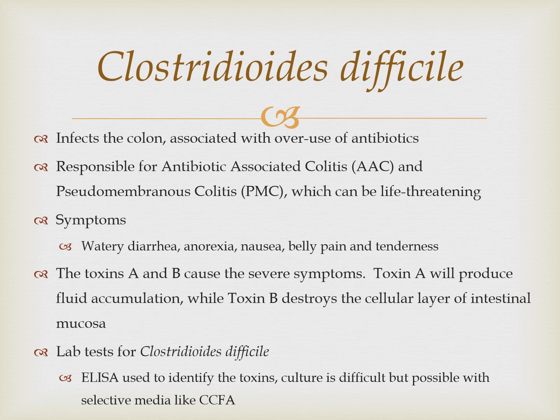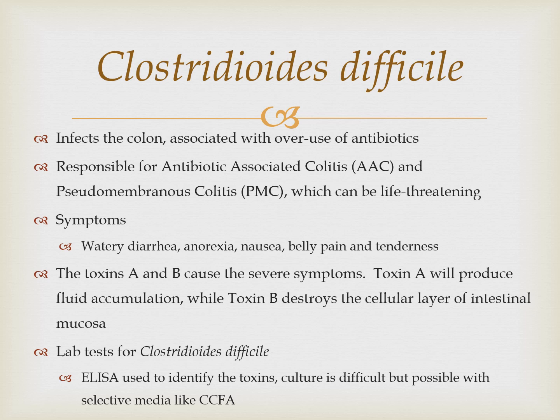Okay? Usually we diagnose Clostridioides by looking for toxins A and B. Toxin A makes you have all the watery diarrhea, while toxin B actually makes you have cells in mucosa in the diarrhea because it actually starts to destroy the intestinal mucosa. Like I said, the best way to help identify Clostridioides difficile is by identifying toxins A or toxins B, and we can do that by doing an ELISA test or some sort of molecular test.